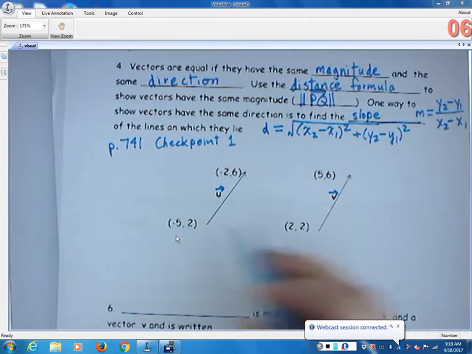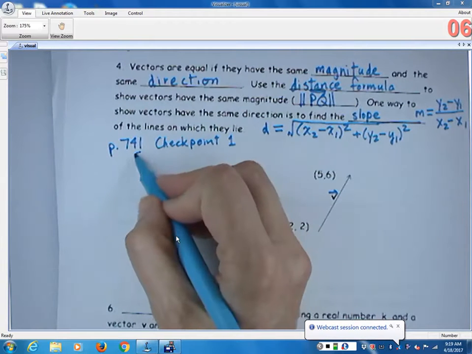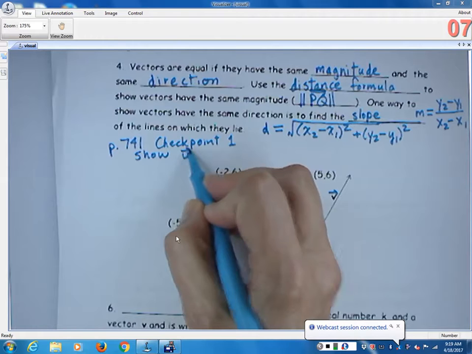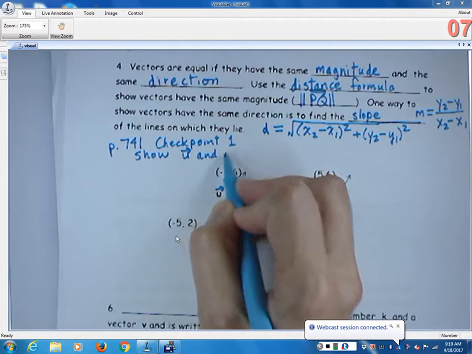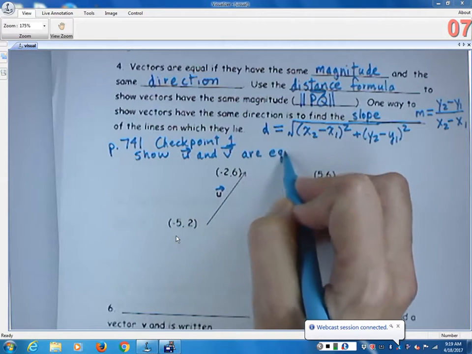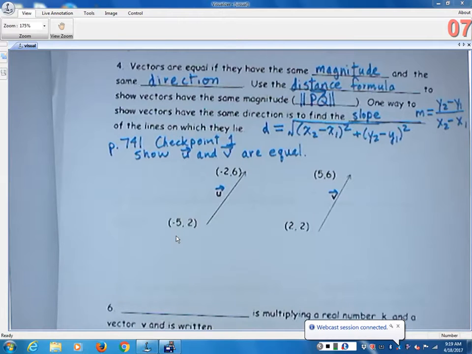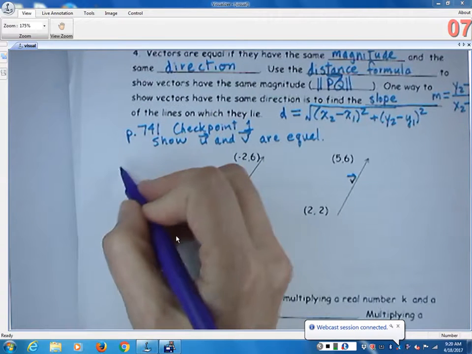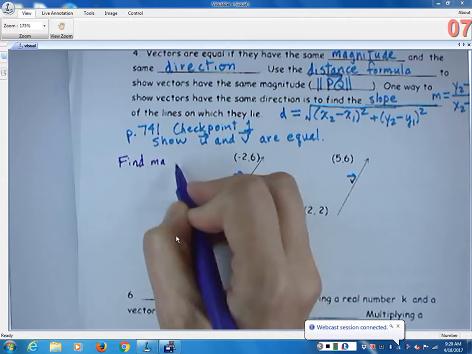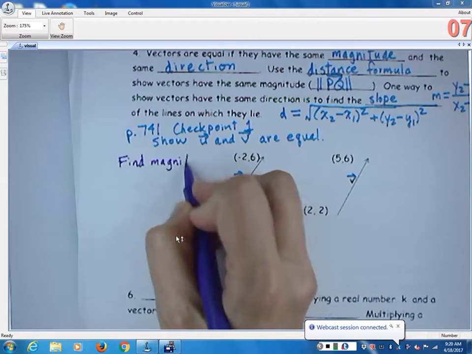That's what we're trying to do. Show U and V are equal. So we're going to find the magnitude using the distance formula.